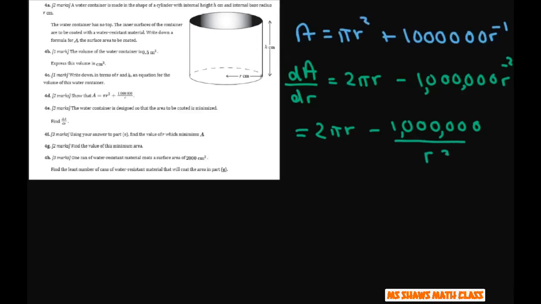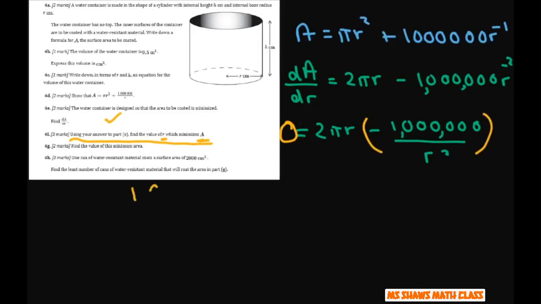All right. Now it says, using your answer in part E, find the value of r which minimizes A. So what that means is we're going to set this derivative equal to 0 and solve. So I'm going to add this part to both sides.